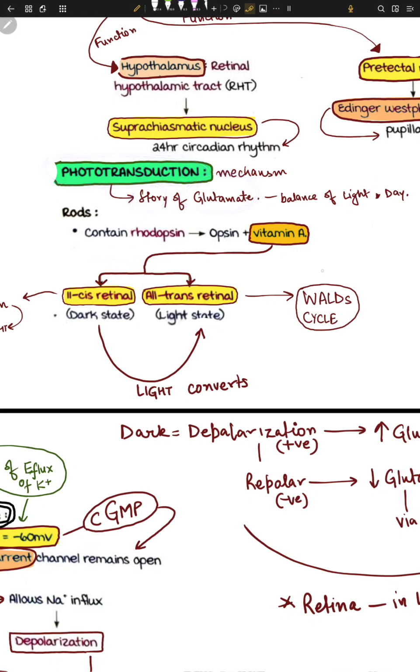What is glutamate? Glutamate is a neurotransmitter, and this is a chemical substance, bioavailable amino acid, and it is used to activate, it is used to excite a cell.